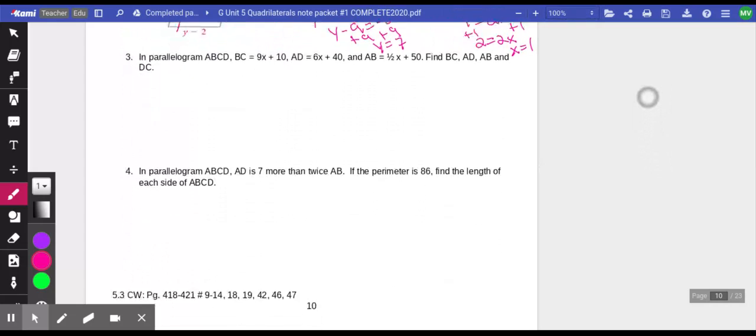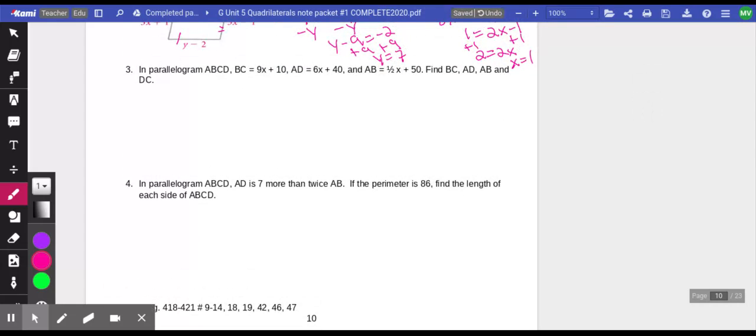So now for number 3 and 4, again, I want you to pause and try to do it. The first thing I would do on 3 and 4 is draw a parallelogram ABCD. It doesn't matter where you start, as long as you go in order.